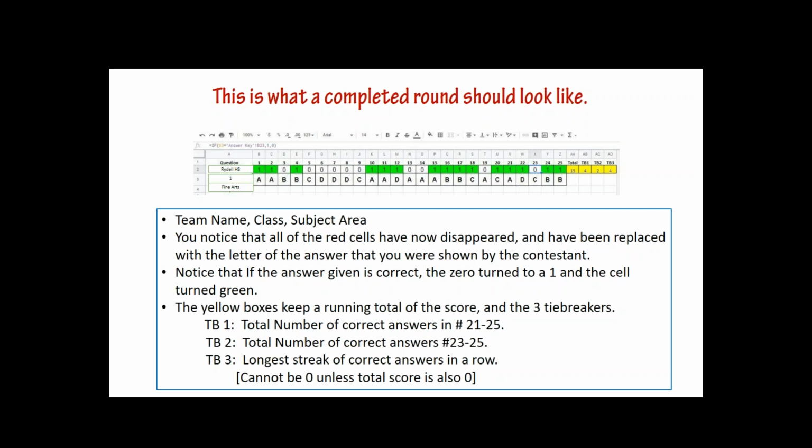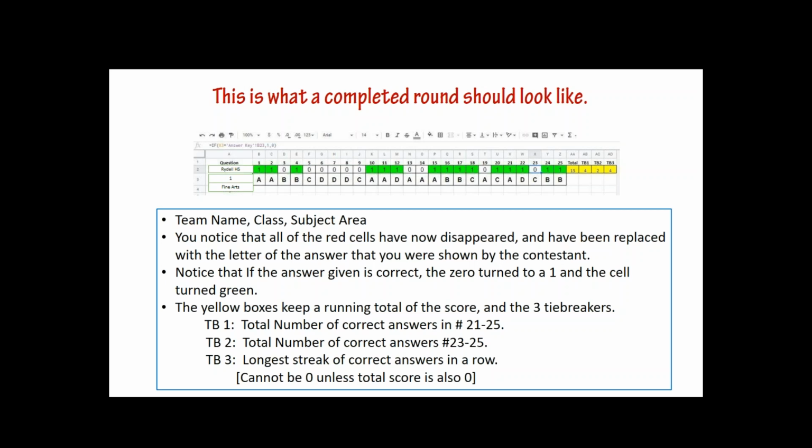If the answer given is correct, the 0 has turned to a 1 and the cell has turned green. If the answer is incorrect, it stayed white with a 0. The yellow boxes on the right keep a running total of the score and the 3 tiebreakers. You've got tiebreaker 1, 2, and 3 there as well.